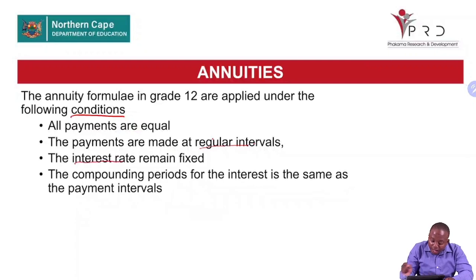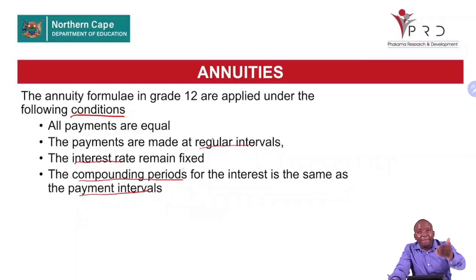The compounding periods for the interest are the same as the payment intervals. Very important. If you are compounded monthly, you must make payments monthly also. If you're compounded semi-annually, the payment must be made semi-annually. There must be a correlation between the compounding periods and our payment intervals.